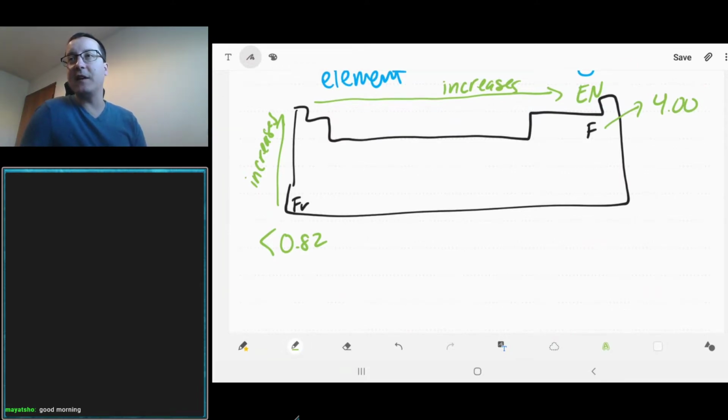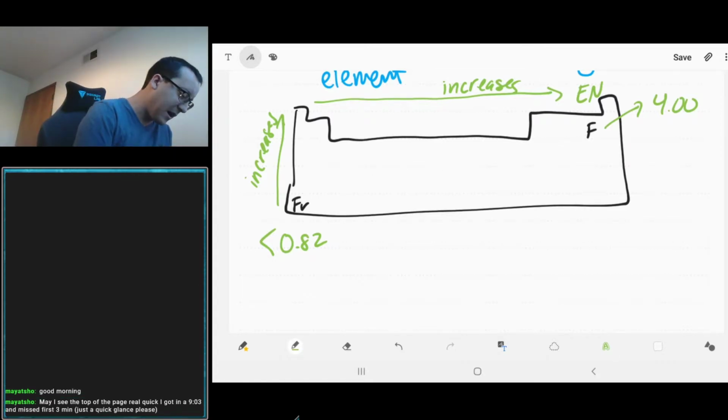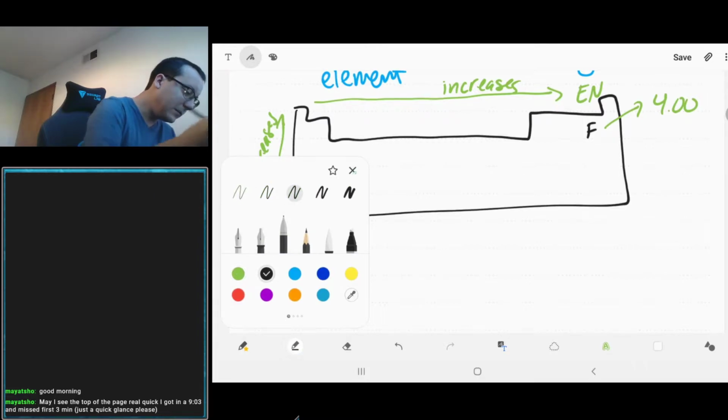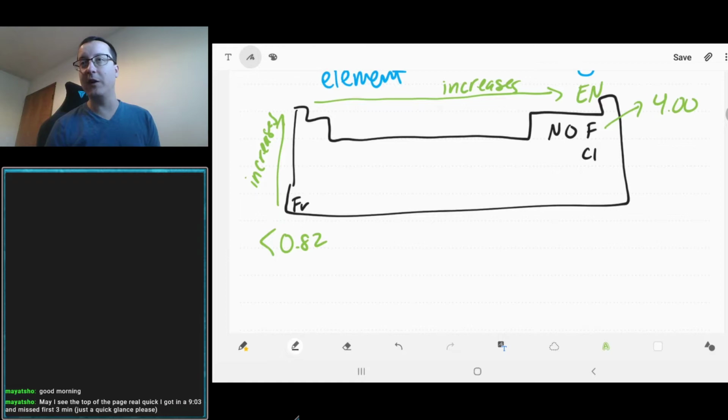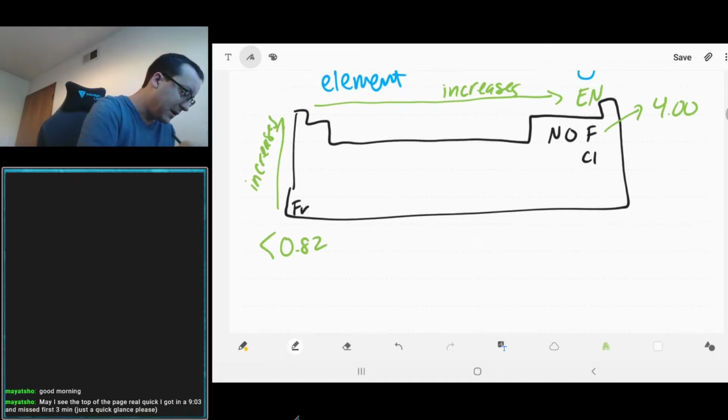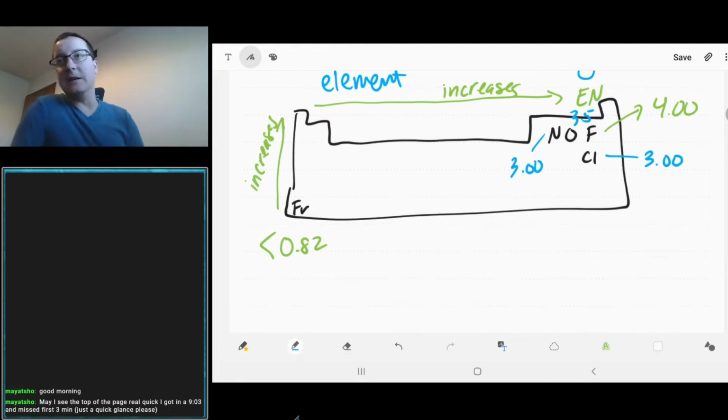But suffice it to say that fluorine will be your most electronegative element, followed by oxygen. Oxygen is about 3.5 or so. These guys are going to be your most electronegative elements. So oxygen is about 3.5, and then these two are both about 3.